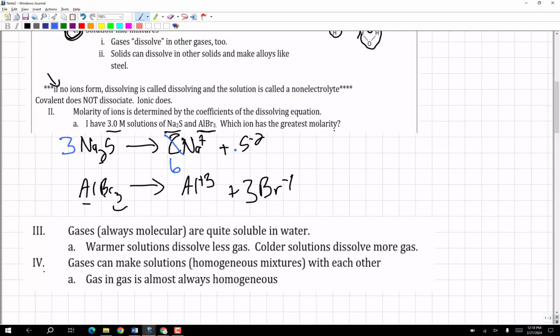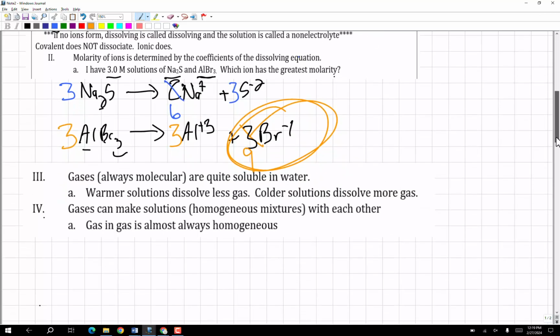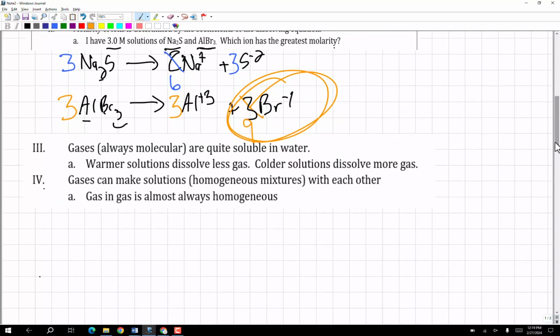Notice the coefficient will double it, and this will be 3 molar. But if I'm over here, and this is 3 molar, 3 times as much, this will be 3 times as much, and 3 times 3, this will be 9 times as much. Which ion would have the greatest molarity? Bromide.